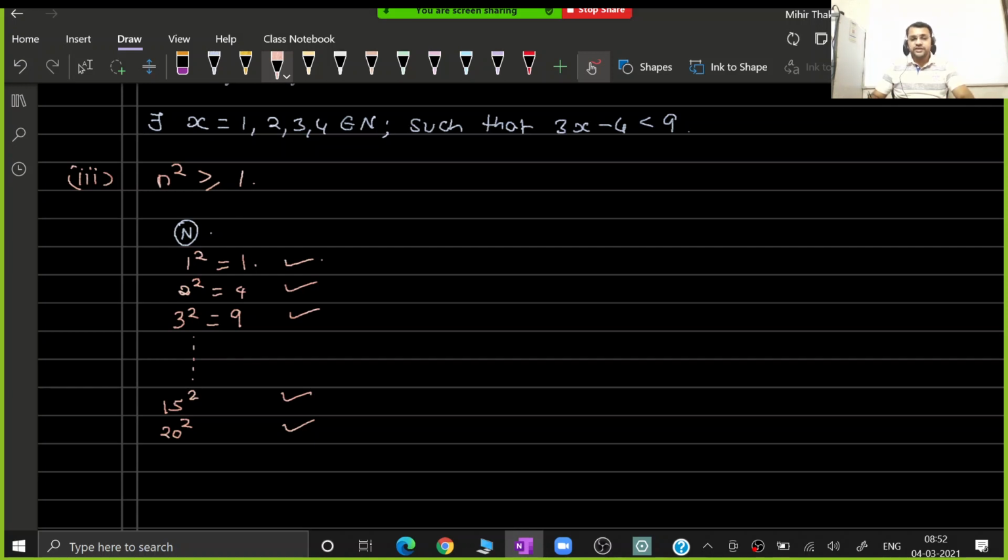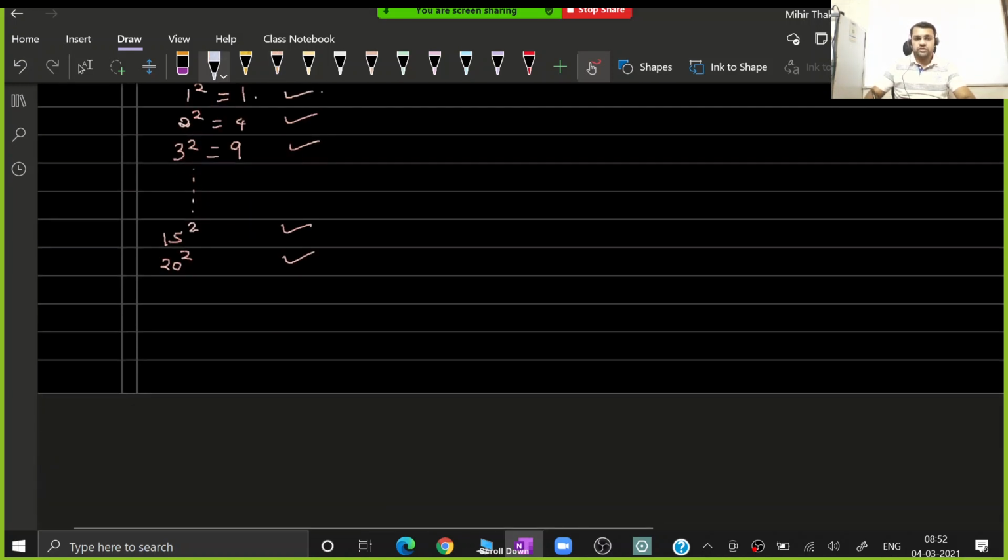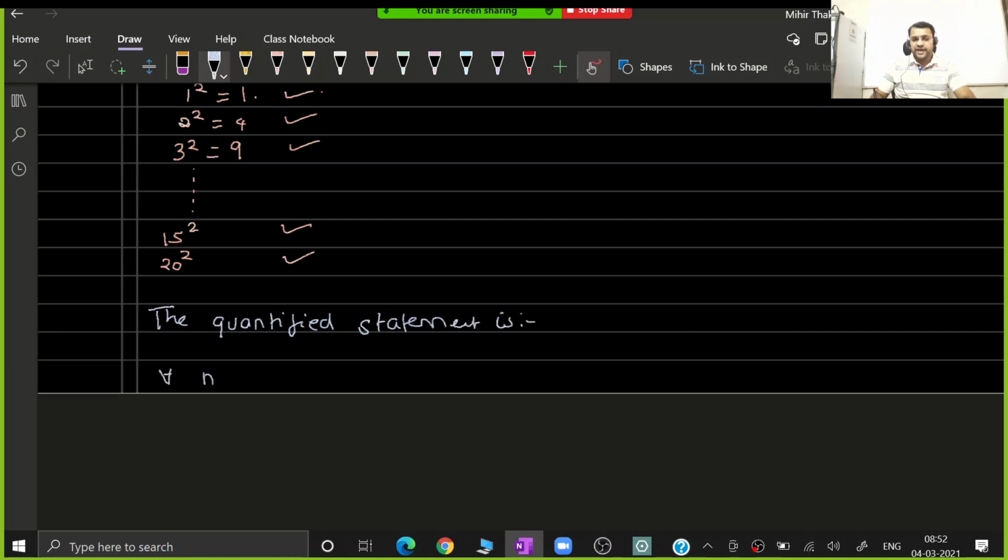So if all these values satisfy the condition that n square is greater than or equal to 1, therefore I will say over here the quantified statement is: for all n belonging to natural numbers, n square is greater than or equal to 1 is the required solution, because all of them will be satisfying this particular condition.